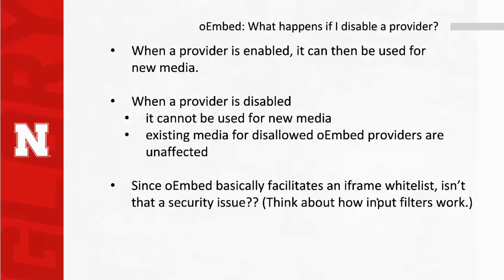Let's say that we uncheck that box for YouTube. We have some YouTube content on the site. What should happen then? What happens is that you can't add new media, but all of your existing YouTube media will continue to render until the day you take your site down. It's completely unaffected. When media renders oEmbed content, it never checks to see if that content is still allowed or not.